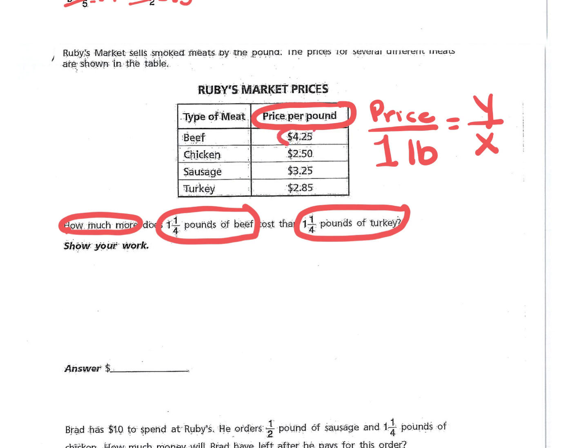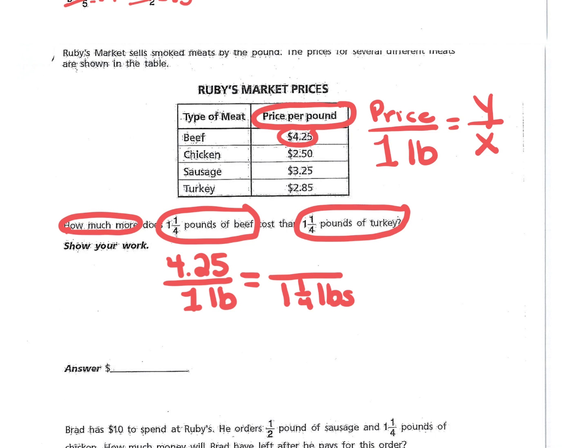Well, the beef is $4.25 per 1 pound. Write that ratio down. But we want to find out how much it is for 1.25 pounds. So you're going to multiply by 1.25 and scale up.